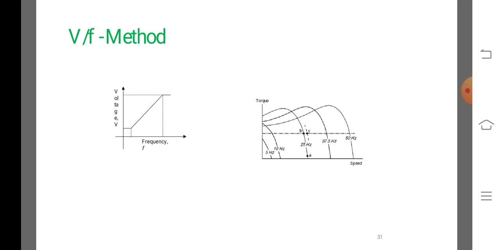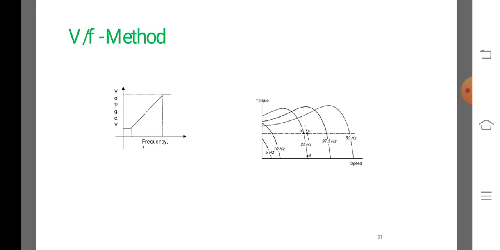This is the V by F method, that is the variable voltage and variable frequency method. This method is always most preferable. V is the rated voltage of the motor, F is the rated frequency of the motor. When the motor is operated in constant V by F control with a base speed, for a frequency kF, the motor terminal voltage will be kV.